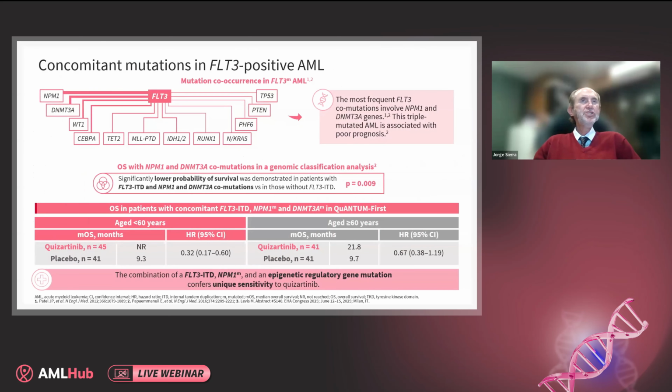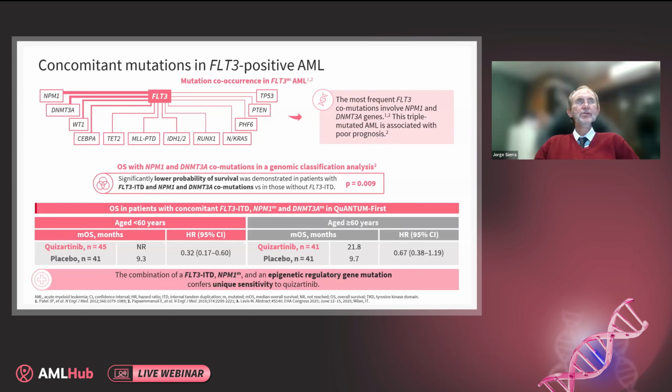FLT3 mutations usually associate with co-mutations. You can see on the top of the slide on the left that the most frequent co-mutations involve NPM1, DNMT3A, WT1, and TET2.